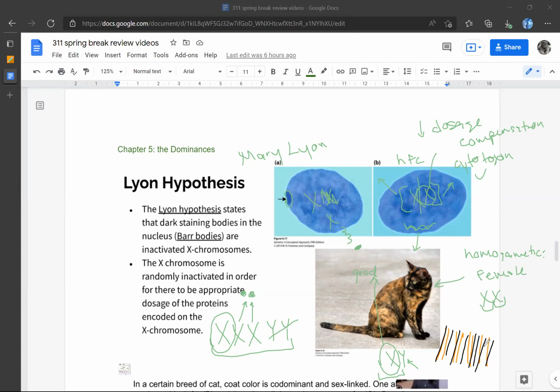That's because this cell versus this cell versus this cell is going to have one or the other X chromosome deactivated. We don't really understand how the cell decides whether this one or this one gets deactivated. But because we don't know, and because there isn't a clear tendency, we just assume it's random. So there's a random distribution of orange hairs on this cat versus black hairs.